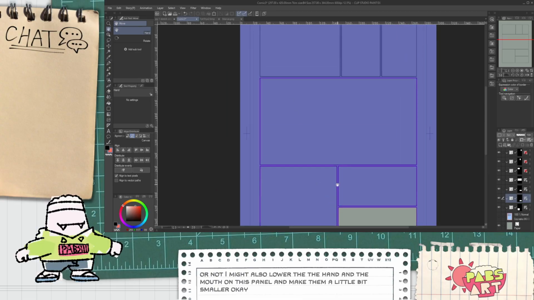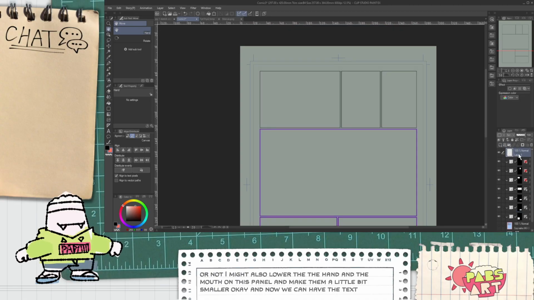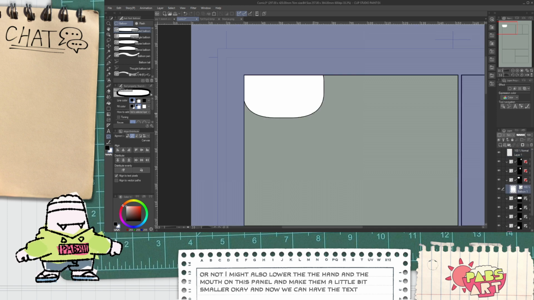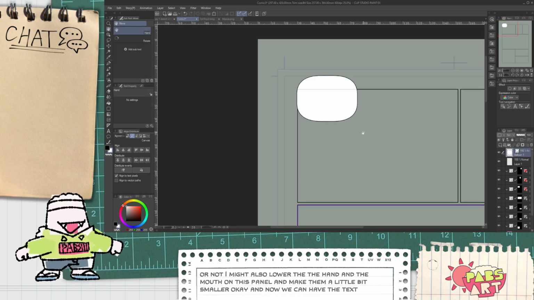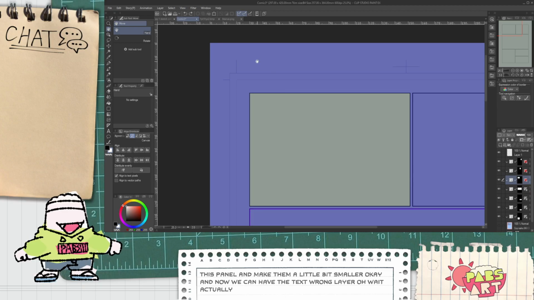Okay. And now we can add the text. Wrong layer. Oh wait, actually we wouldn't need this kind of word balloon.